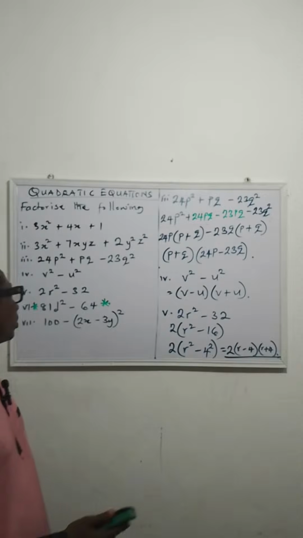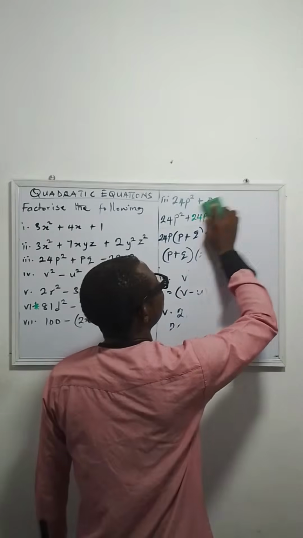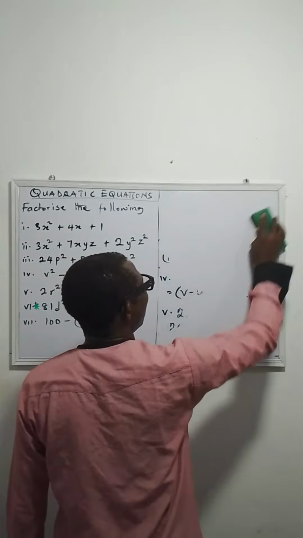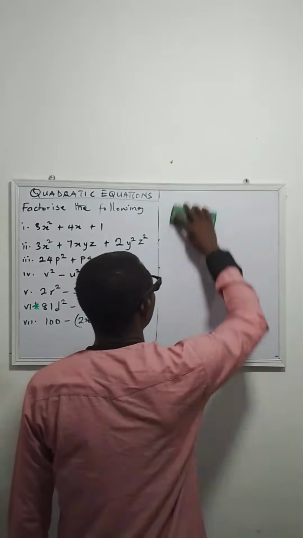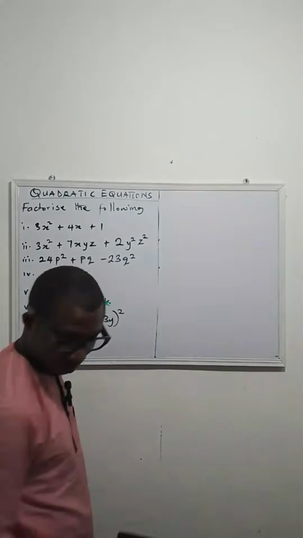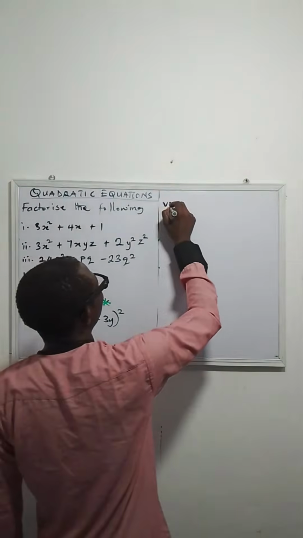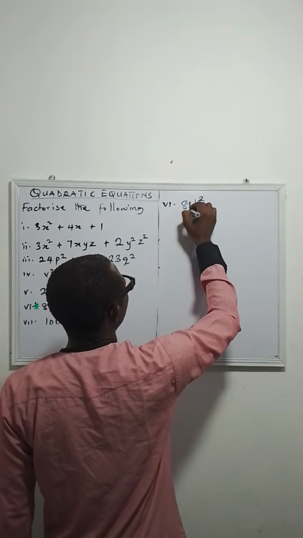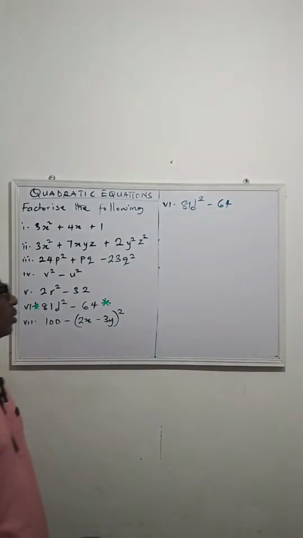Okay, so let's look at it. We have 81d squared minus 64. So this is the question.